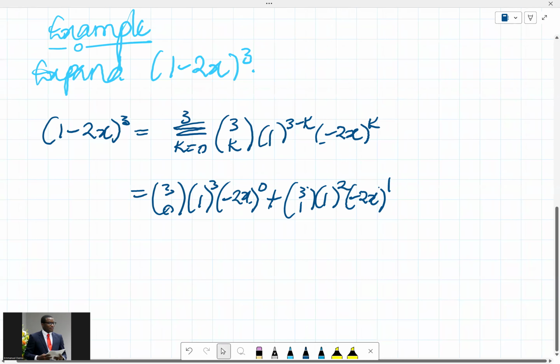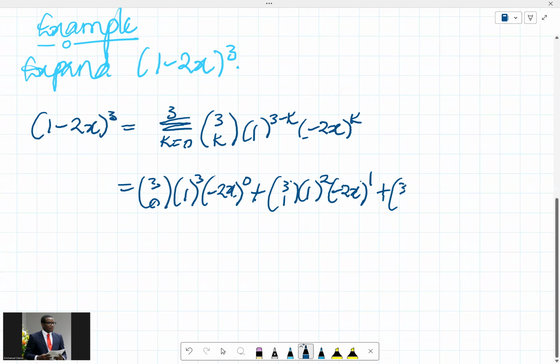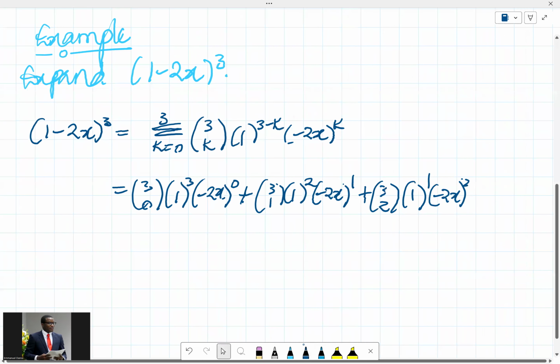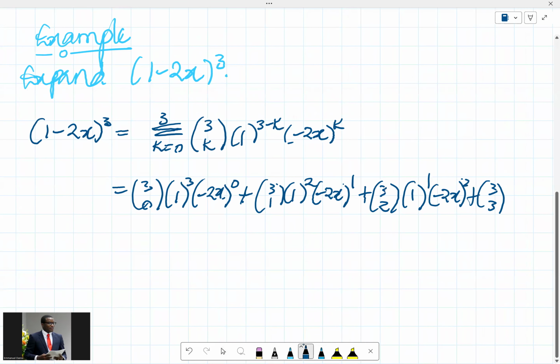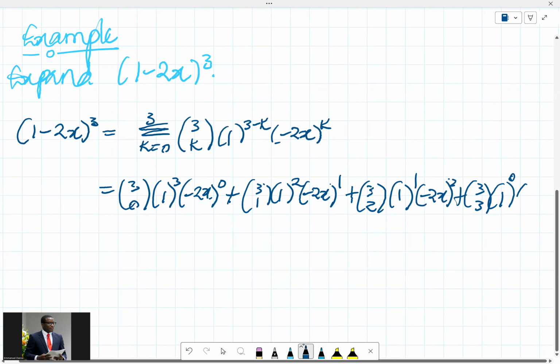And then again, we have 3 combination 2, 1 raised to power 3 minus 2, that is 1, and then minus 2x raised to power 2. And lastly, we have 3 combination 3 into 1 raised to power 0, then minus 2x raised to power 3. So we try to tidy all of this up now.